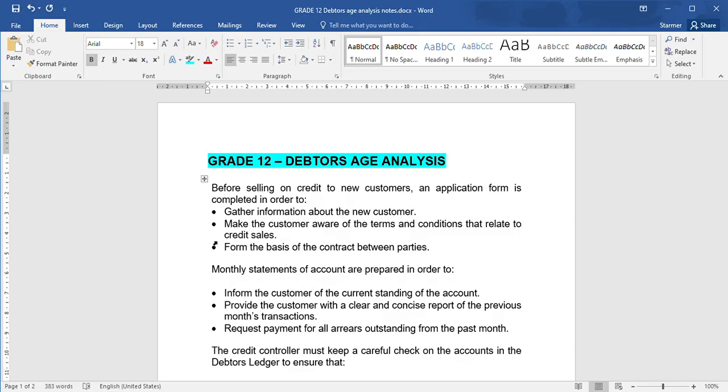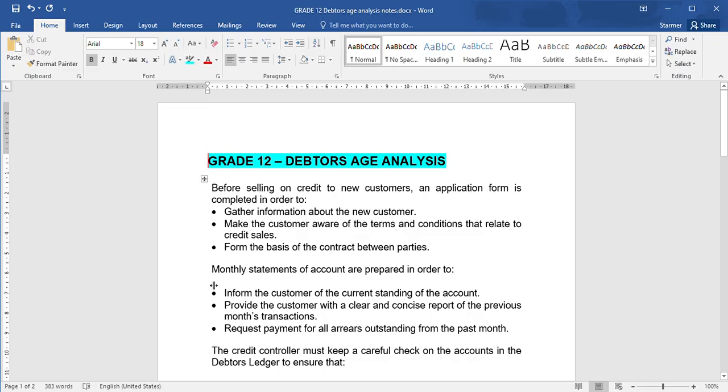If you pay back within a certain time, then you'll get given a discount. If your account is outstanding for more than a certain period of time, we're going to charge interest and so on. Then all that information will be given to your debtor before opening an account for him. So it's basically going to form the basis of a contract between the parties. In other words, between the debtor and the business.